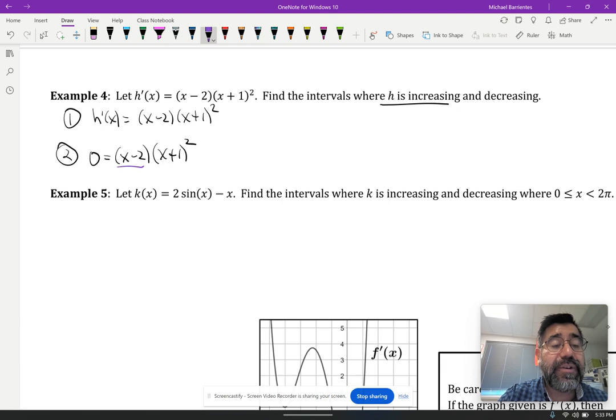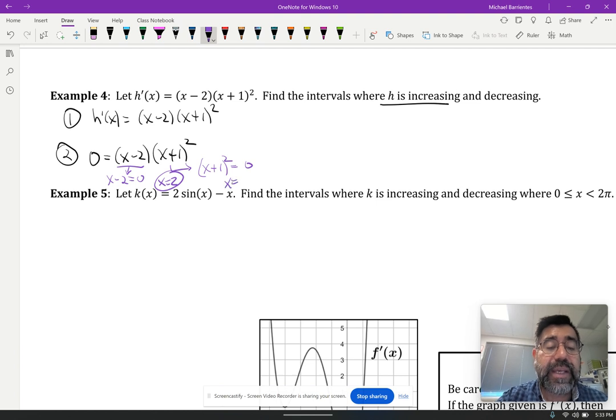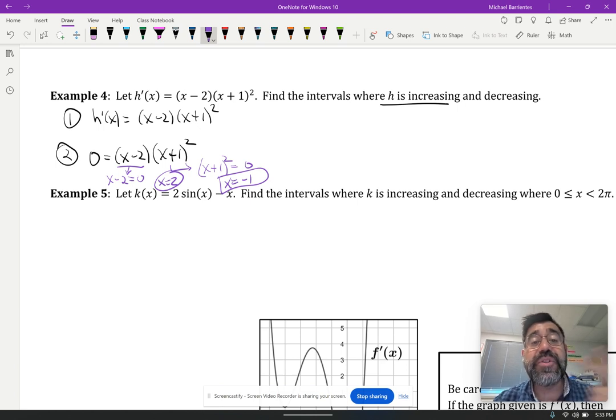So I know either this thing equals 0 or this thing equals 0. So there's going to be 2 critical points. One of them is going to be x equals positive 2, because 2 minus 2 would equal 0. And the other one's going to be x equals negative 1, because negative 1 plus 1 is 0 squared, that's 0. Those 2 x values are the only x values that would make this derivative equal to 0.